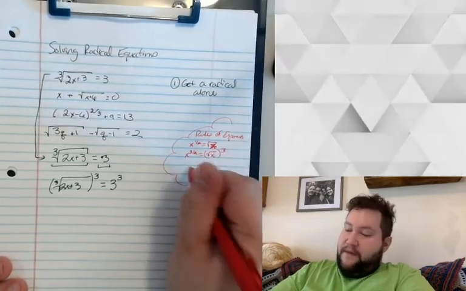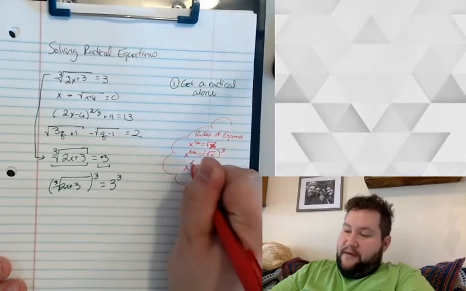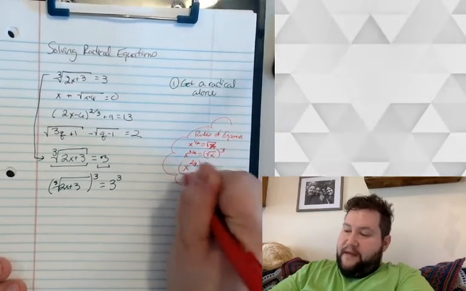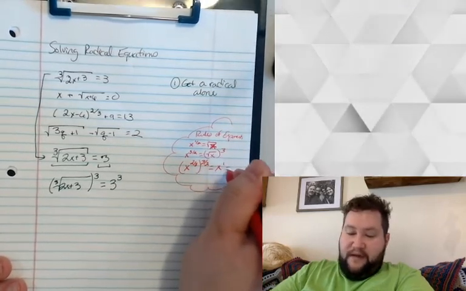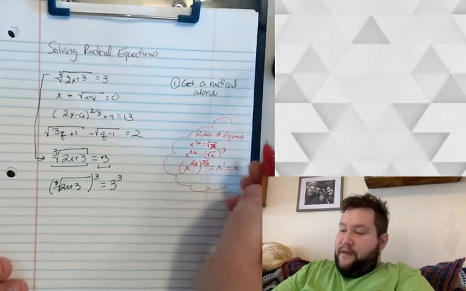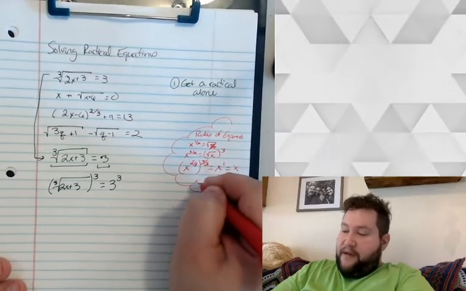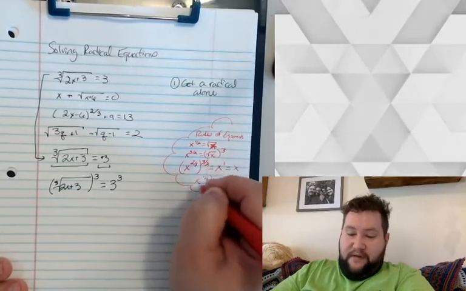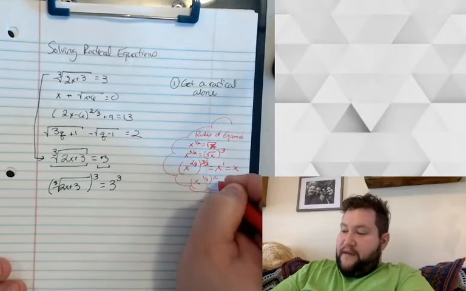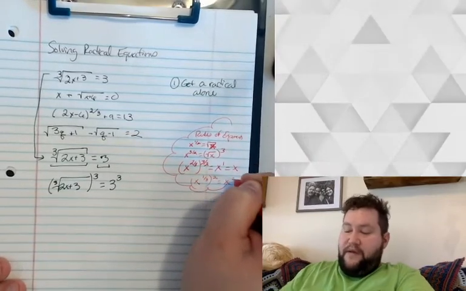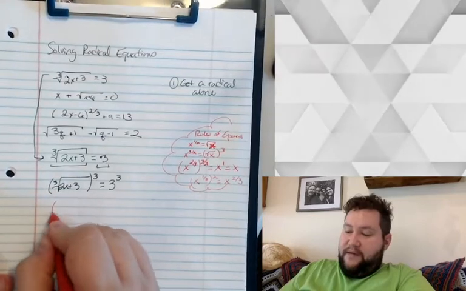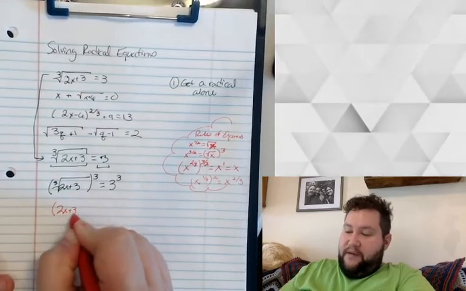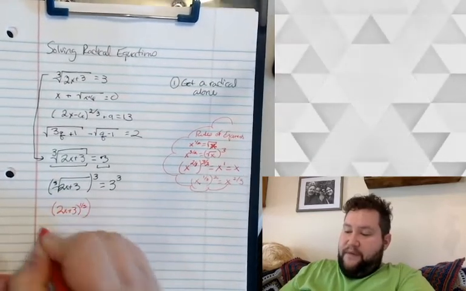If we have some x to the 2/3, and then we raise that to the 3/2, that's the same as x to the first, or just x. And we also have x to some fractional power, a third, squared, is the same as x to the 2/3. So what this is reminding us is that this is really (2x plus 3) to the 1/3, to the third.